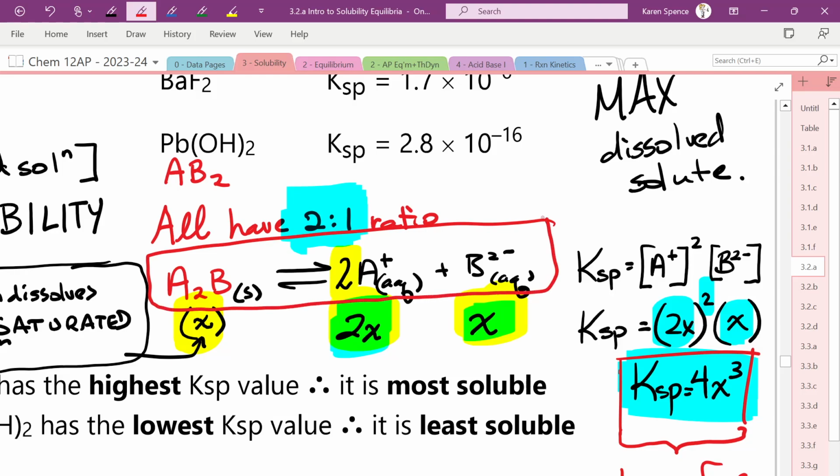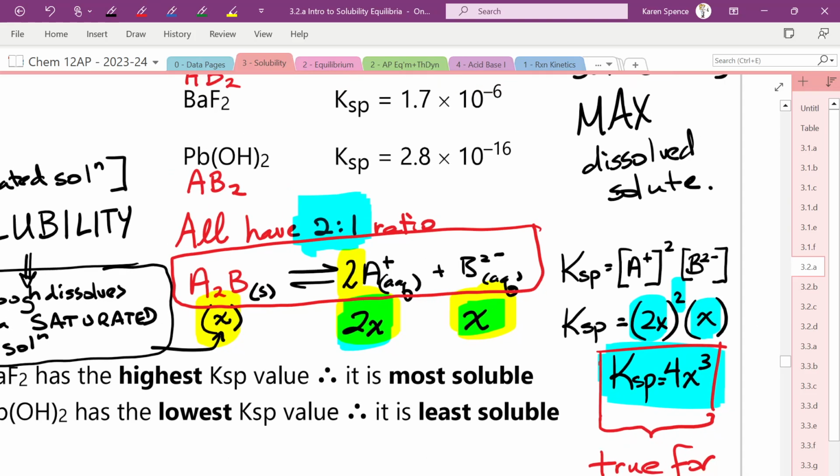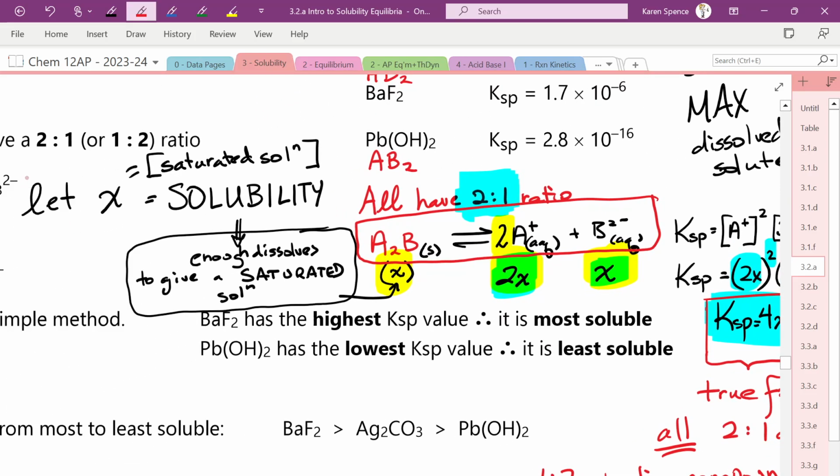That is the solubility equilibrium equation, or the SEE. Nobody calls it that except for me, so don't be writing SEE on the AP exam and expecting them to know what that is. I just got tired of writing solubility equilibrium equation. So if it is a written response question, you must write the SEE. You must write let X equal the solubility.